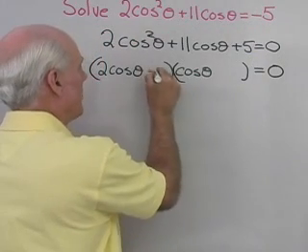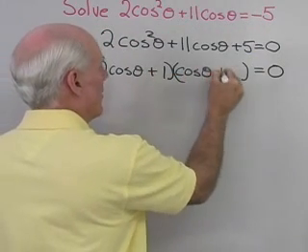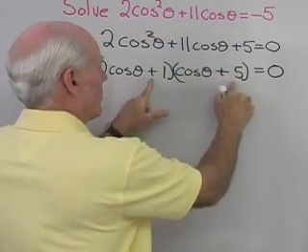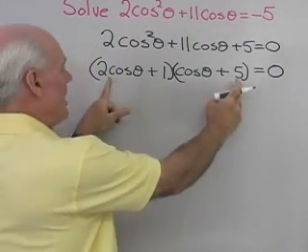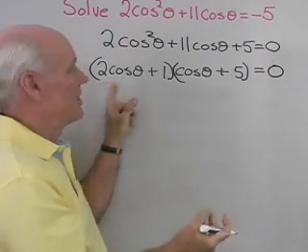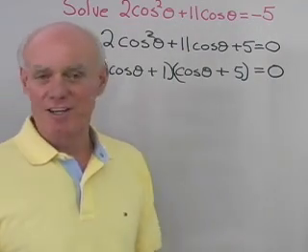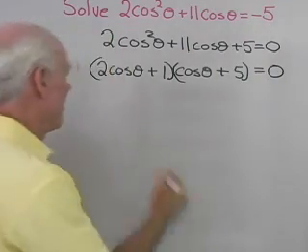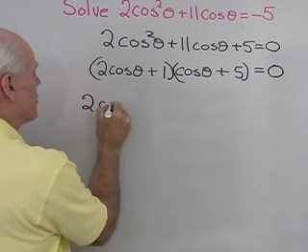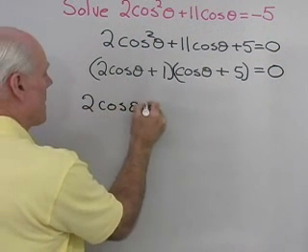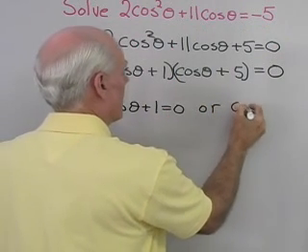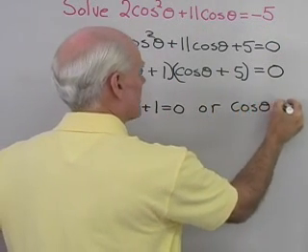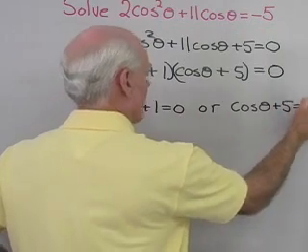So let's try positive 1 and positive 5, because I know I can multiply those and get positive 5. Inside I have 1 cosine theta, outside 10 cosine theta. That adds up to 11 cosine theta, so I factored it. Let's set our factors equal to 0. 2 cosine theta plus 1 equals 0, or cosine theta plus 5 equals 0.